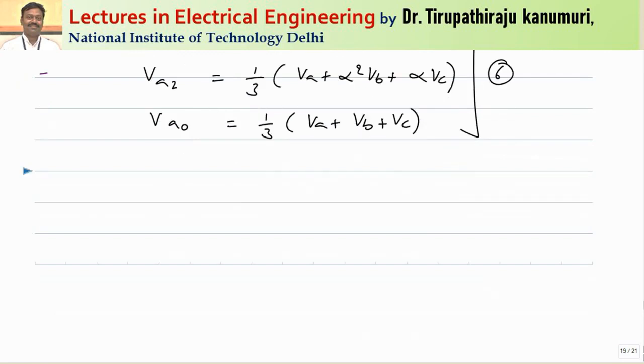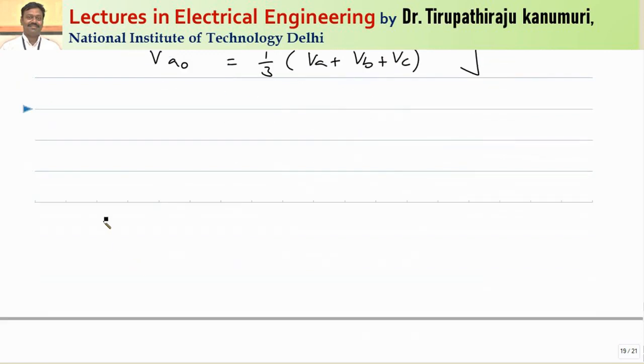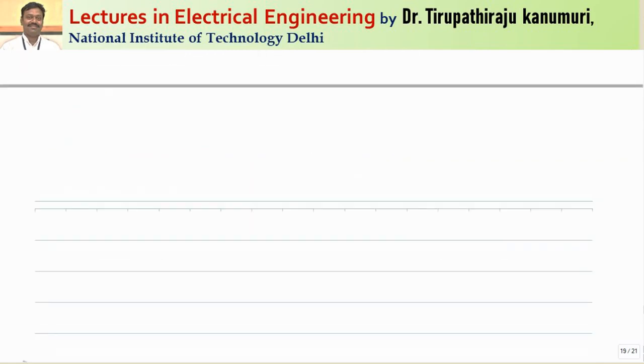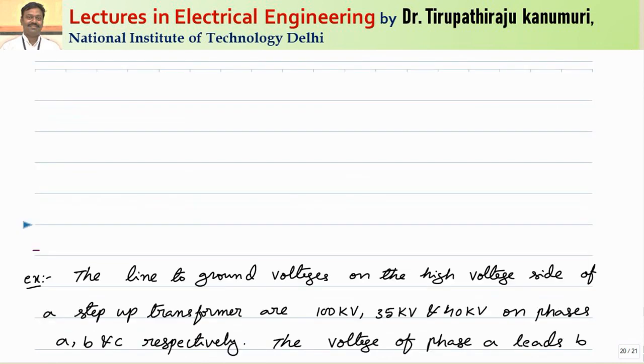Getting this one? Similarly I can write for the currents. The current I can write as Ip is equal to A times Is. So from this I can write Is is equal to A inverse times Ip. You agree with me? That means the symmetrical components of current I can write in terms of the normal components. I am directly writing the matrix for the same, because the same derivation will be there.